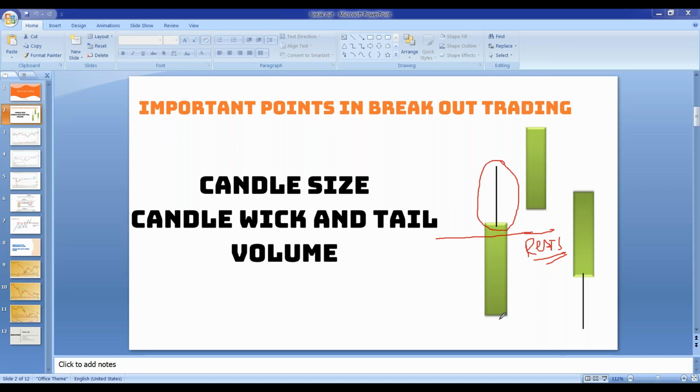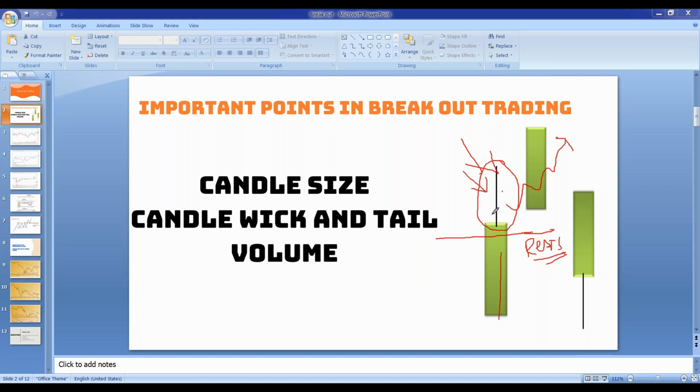Even if the size of the candle is big, after the breaking out of this resistance area, if there is a wick on the upper side, we can say that even though the breakout has happened, it is difficult for the stock to move upside. Why am I saying this? Because there is a wick on the upper side. So whenever there is a wick on the upper side, even though that candle has broken the resistance, we have to look at whether the wick is there or not.